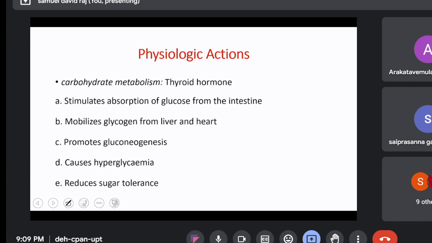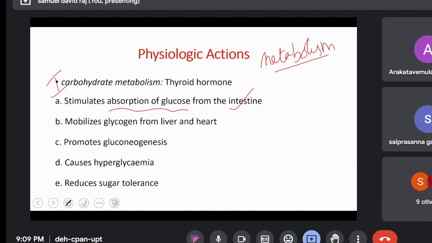The second important function is metabolism. It regulates almost all metabolic activities of the body. Firstly, we start with carbohydrate metabolism. Thyroid hormones are responsible for stimulating the absorption of glucose from the intestine.